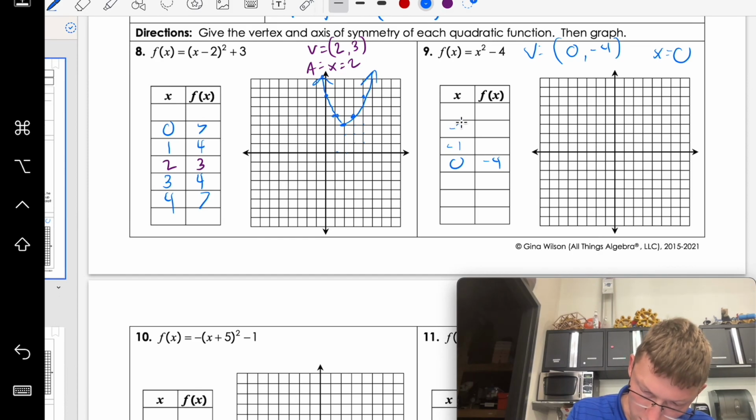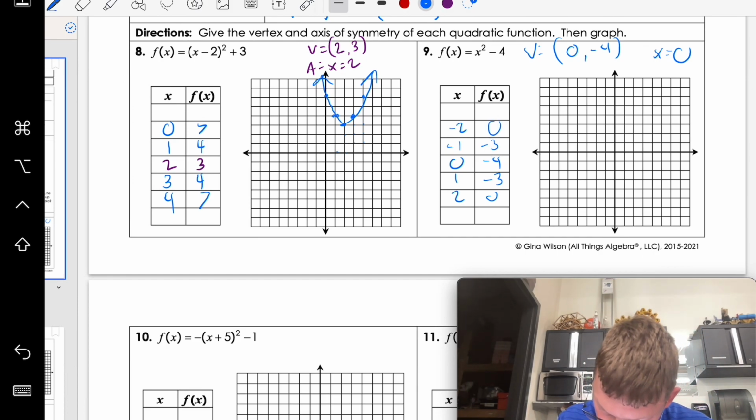So from there, we throw some points in. -1, -2, 1, 2, -3, 0, and we can plot it. Let's see here. Oh, that's totally wrong. X is 0, 1, 2, 3, 4.